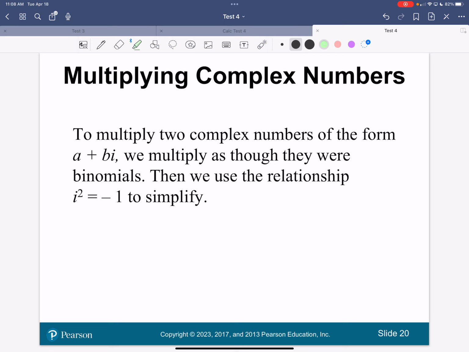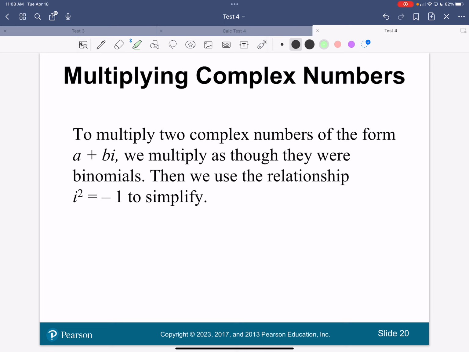Okay, multiplying complex numbers. To multiply two complex numbers of the form a plus bi, we multiply as though they were binomials, which means we either distribute or we use the FOIL property. This is at the end of what we did on Thursday.